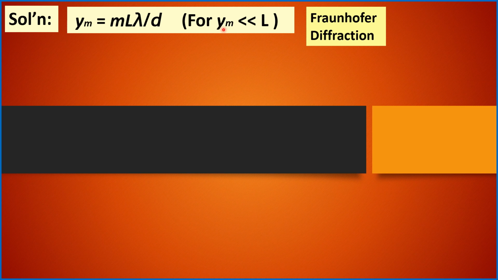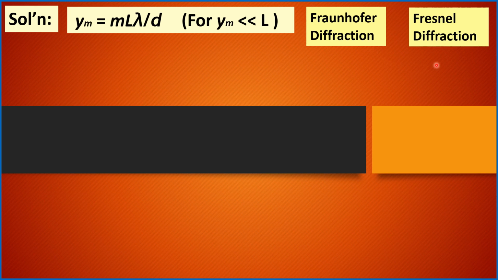If y sub m is not smaller compared to the value of L, in other words, if the screen is very much closer to the slit, then this formula doesn't apply. It's not valid. That kind of diffraction where the screen and the slit are very close to each other is known as Fresnel diffraction.